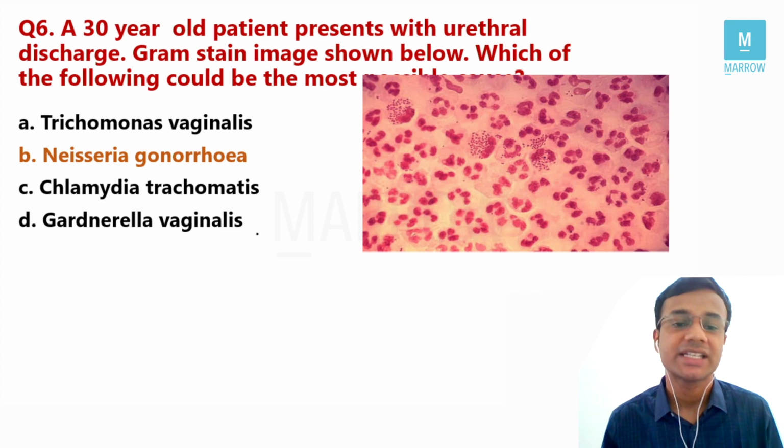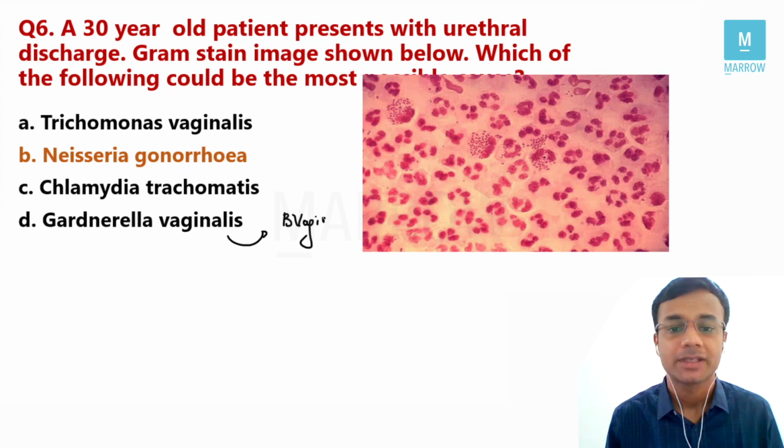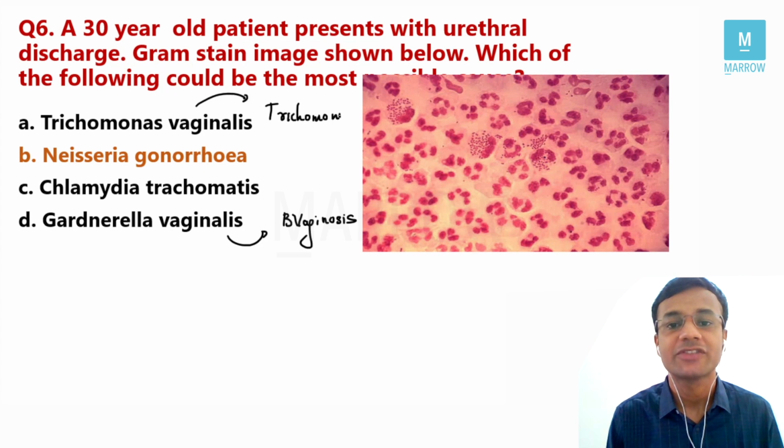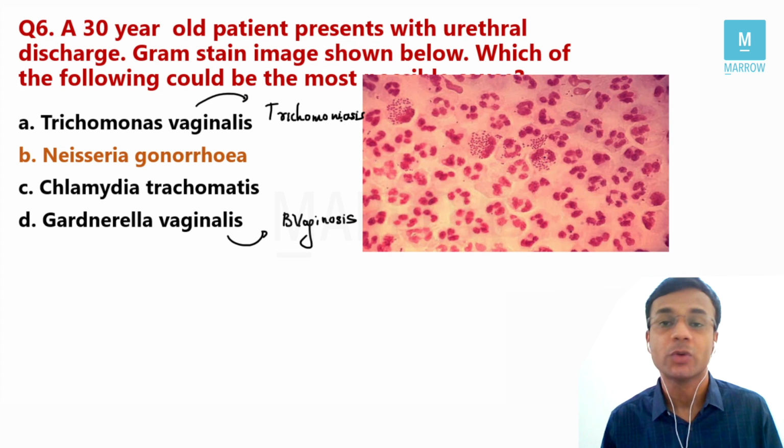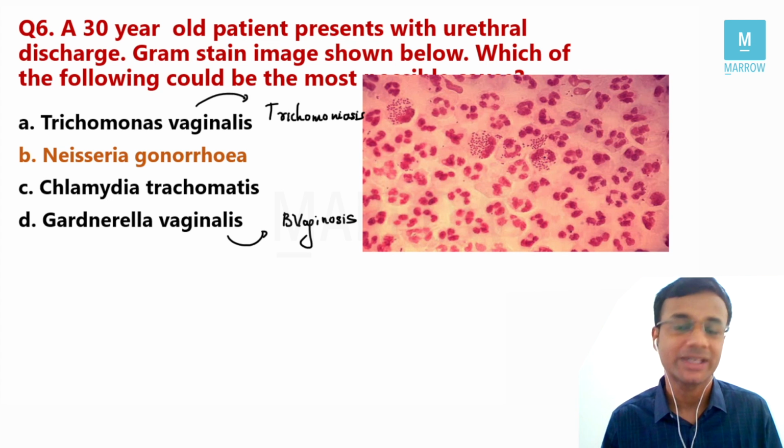What does Gardnerella vaginalis produce? It produces bacterial vaginosis. Trichomonas vaginalis produces trichomoniasis. This year there has been no question from vaginal discharge, so see that you know these topics well, because Trichomonas is going to produce a strawberry cervix. That's one point to remember, and the greenish yellow vaginal discharge.